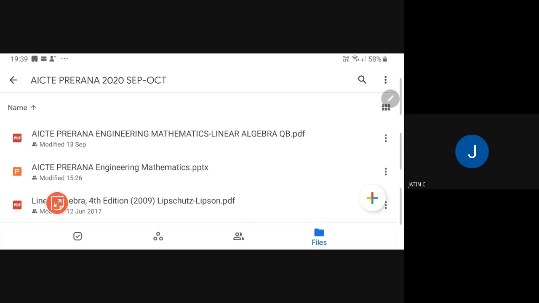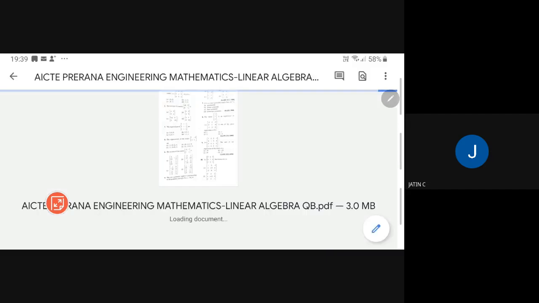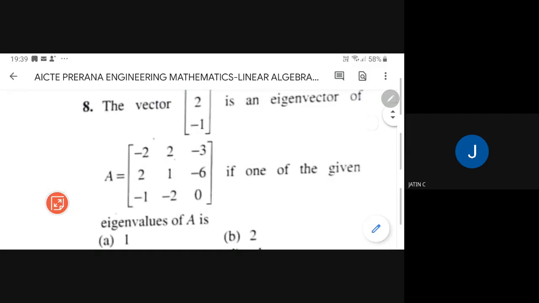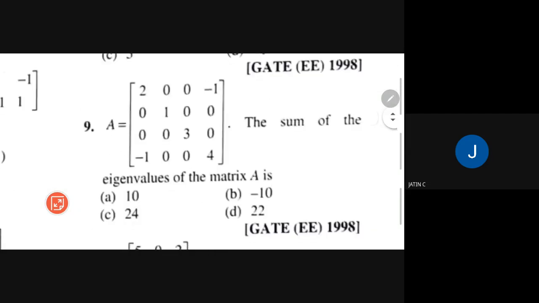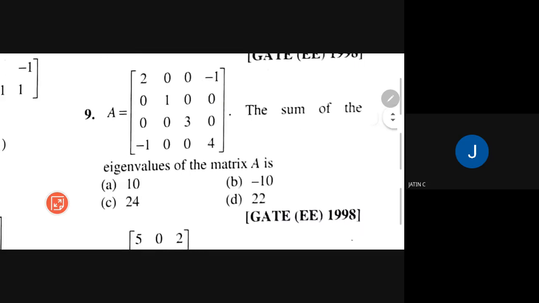Fine. Now, I am talking about the question bank. Very good. So when you come to the 9th question, the sum of the eigenvalues of this matrix A is a straightforward answer, just the trace. Repeated question. 9th question is the trace, 2 plus 1 plus 3 plus 4.